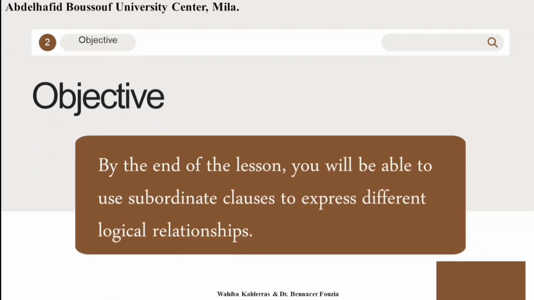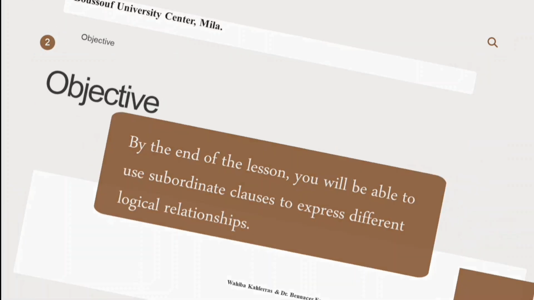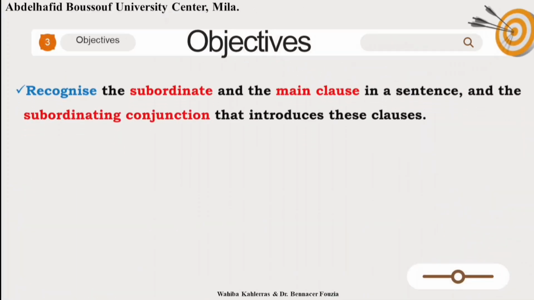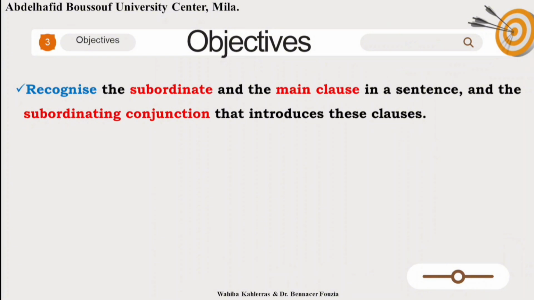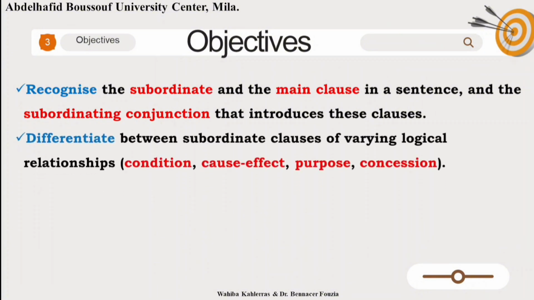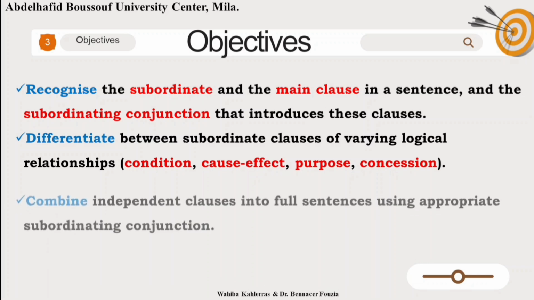By the end of the lesson, you will be able to use subordinate clauses to express different logical relationships between clauses. You're going to know both types, subordinate and main clauses in a sentence, and differentiate between those two types of clauses and what relationships they carry: condition, cause effect, purpose, or concession.